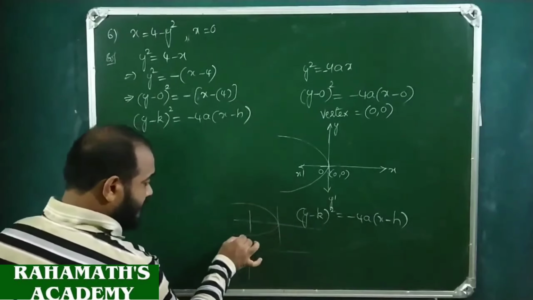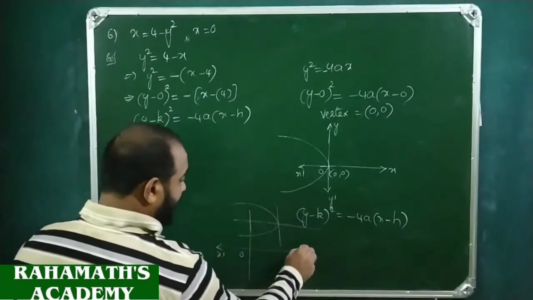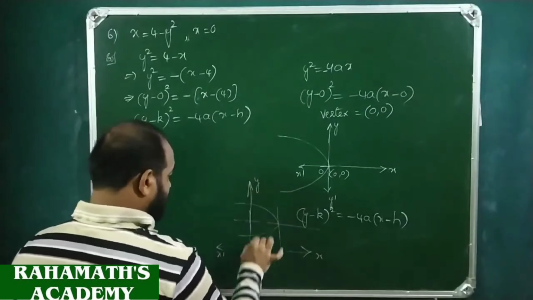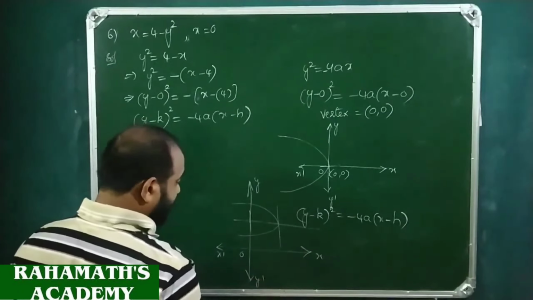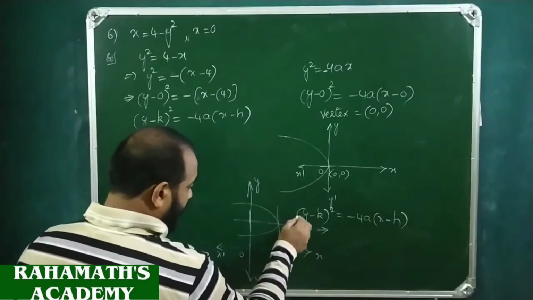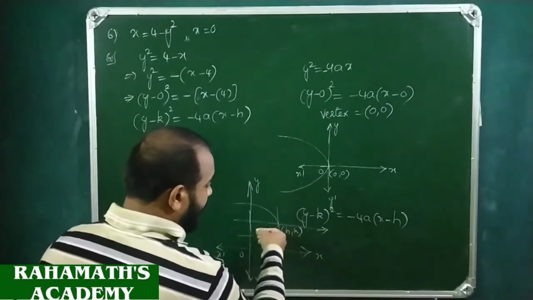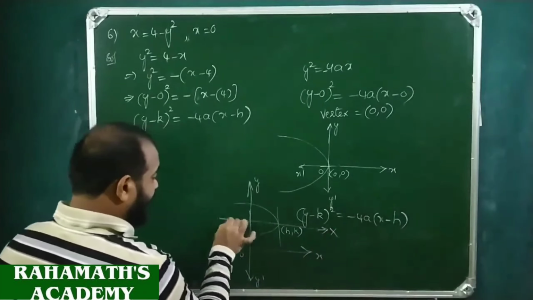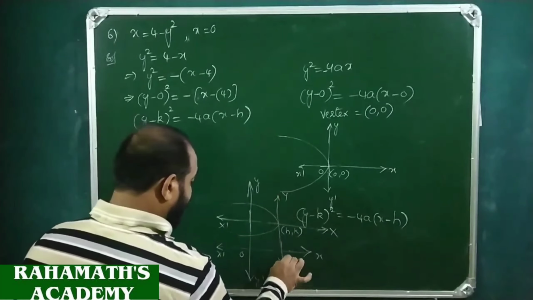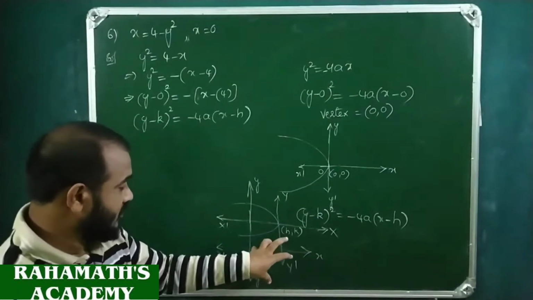Earlier the origin was this, with negative x axis, positive x axis, negative y axis, positive y axis. Now this is a new origin. Its vertex is shifted to h comma k. This is x, x dash, y, y dash. So this is the shape of this curve.